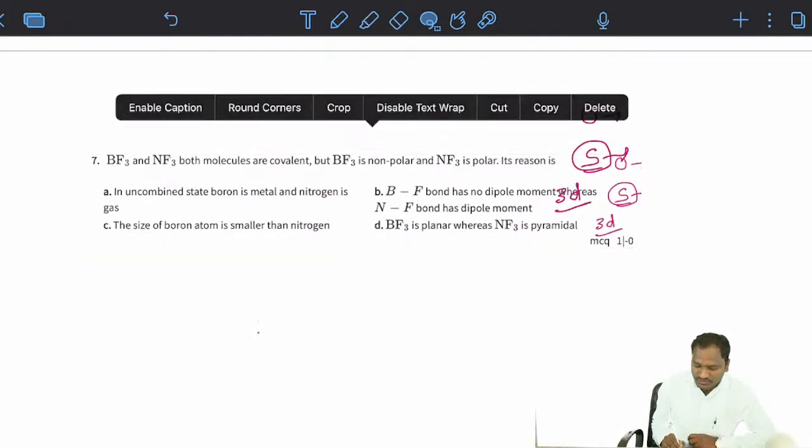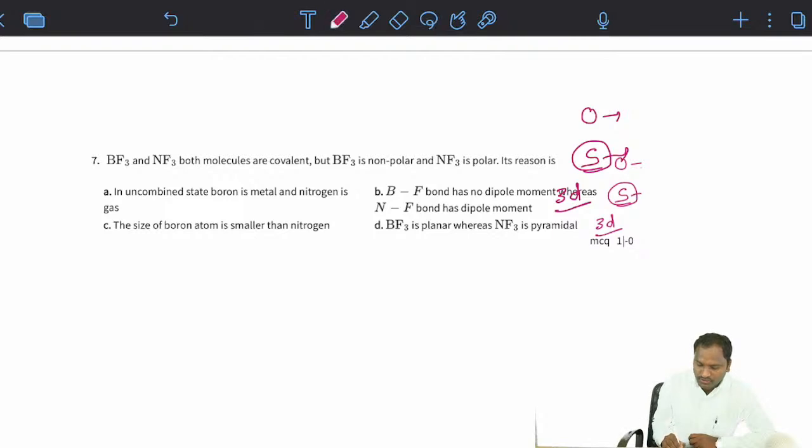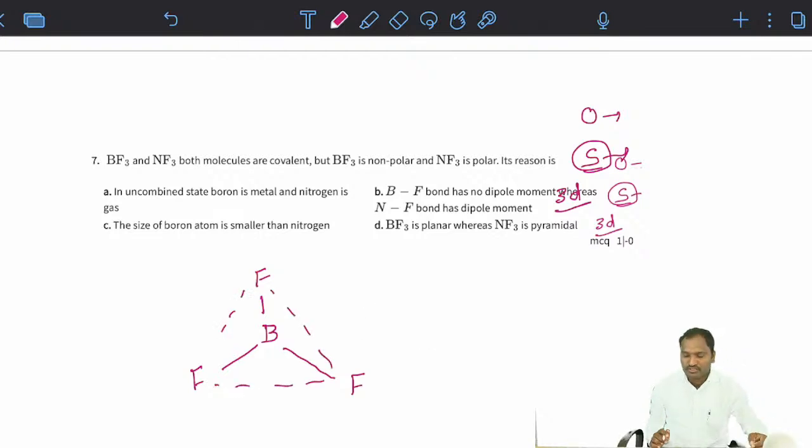Okay, BF3: here the central atom boron undergoes sp2 hybridization, no lone pair of electrons, so its shape is triangular planar, symmetrical in all directions, so polarity is cancelled in every direction.